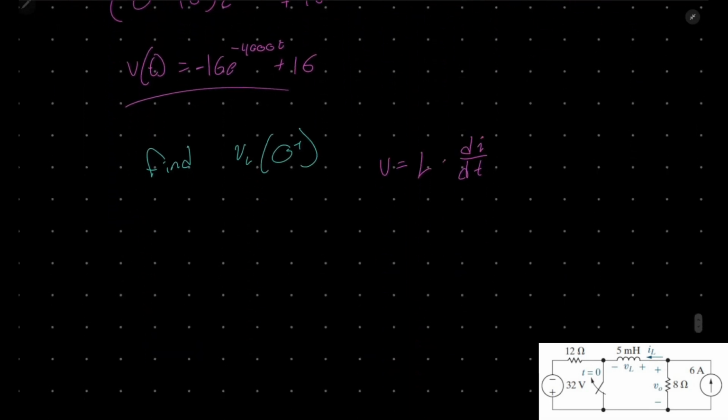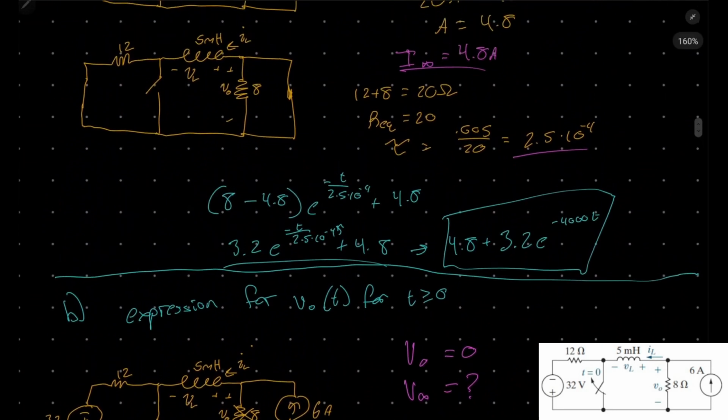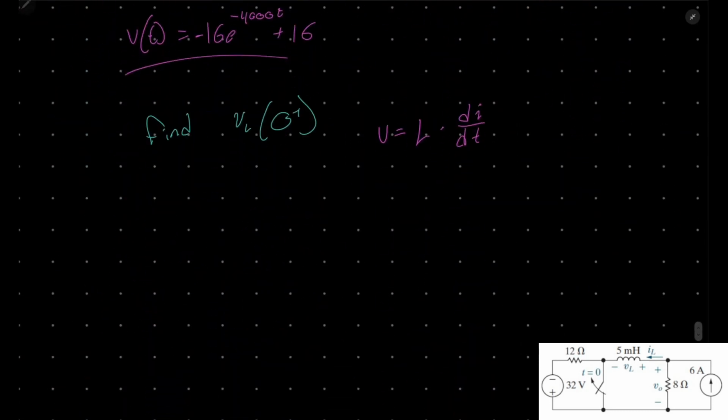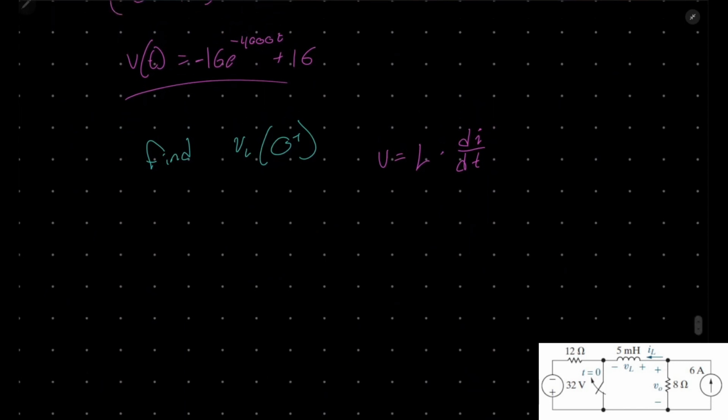Now we already have our current across our inductor, except that we will be using a different one because we used a different equation. So I'm going to draw a new one. The equation that we will be using is 4 plus 2e to the power of negative 4,000 t. So we're going to be using this equation to solve our answer.